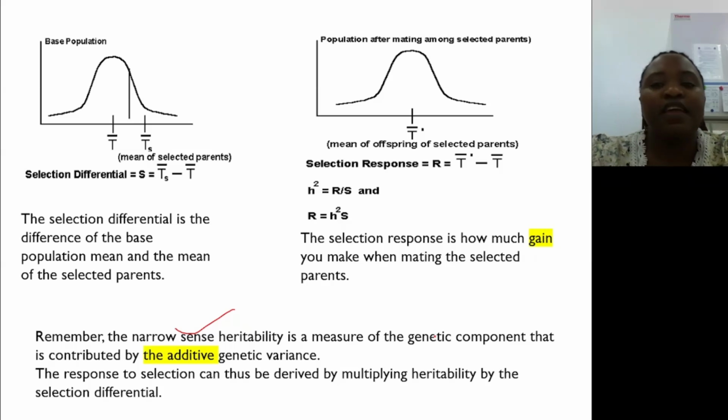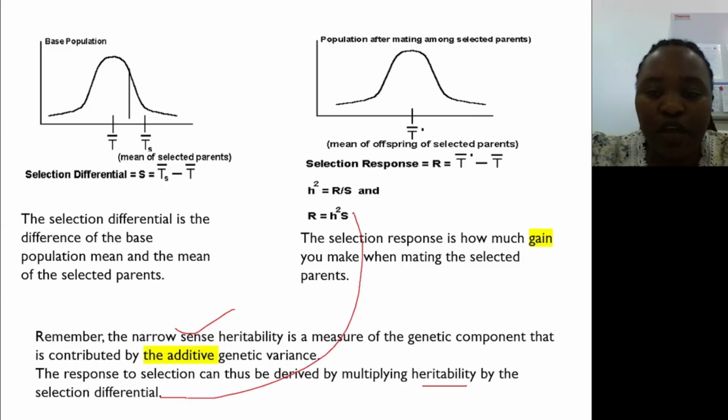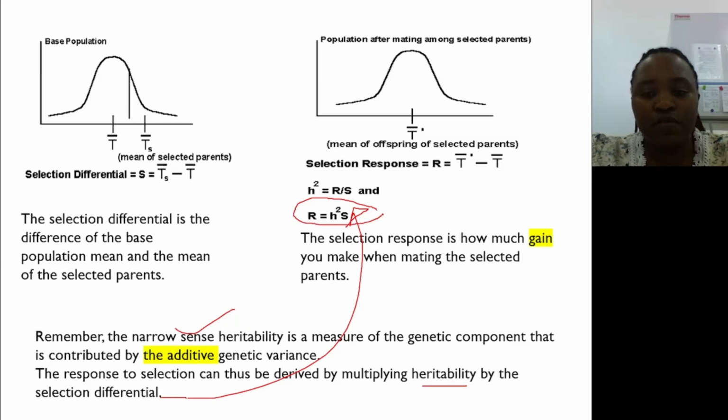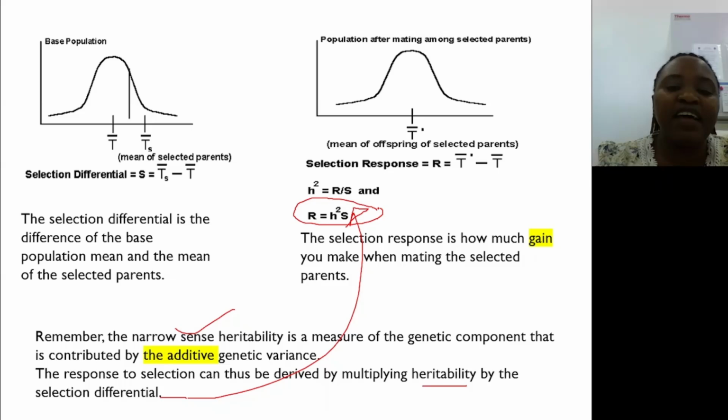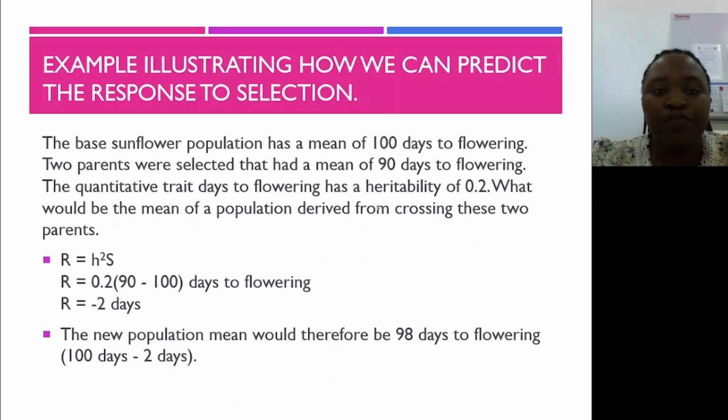So the response to selection can thus be derived by multiplying the heritability by the selection differential, in this equation. You can see that heritability has also helped us to determine the response to selection within a population.